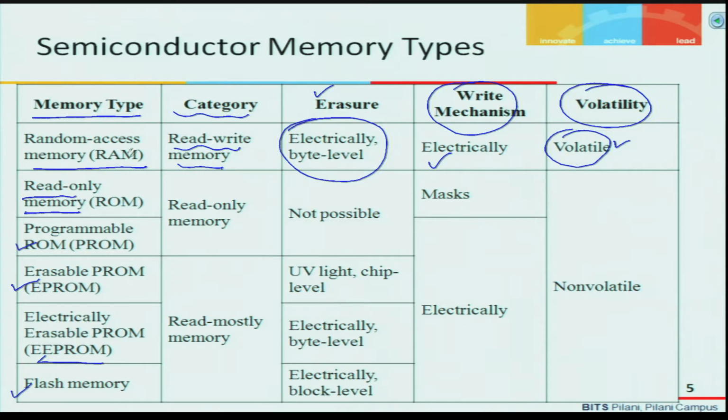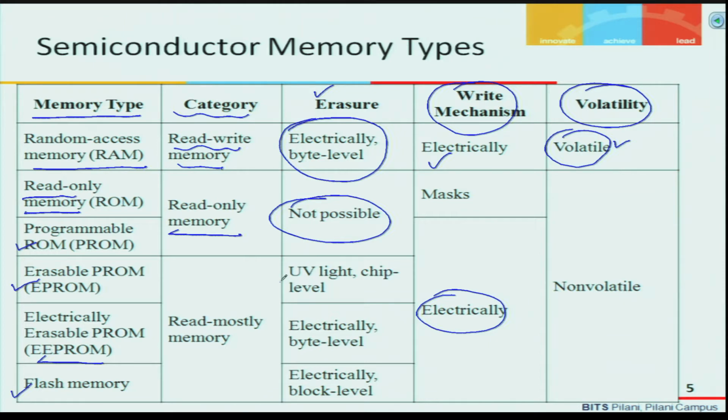So, in a read only memory, as the name says, no erasing is possible and you cannot write. For programmable read only memory or electrically erasable read only memory, the content can be erased as well as you can write new contents through the electrical method.